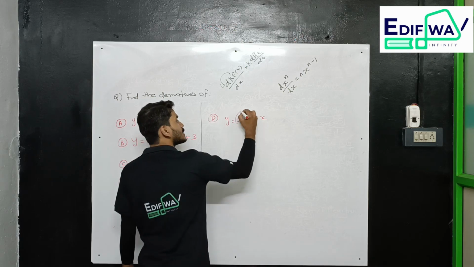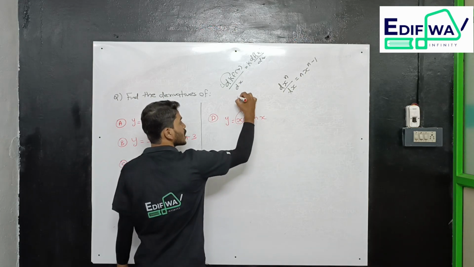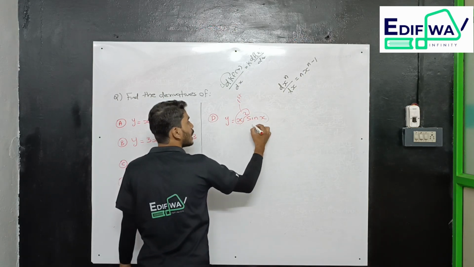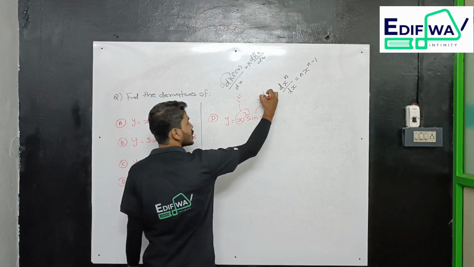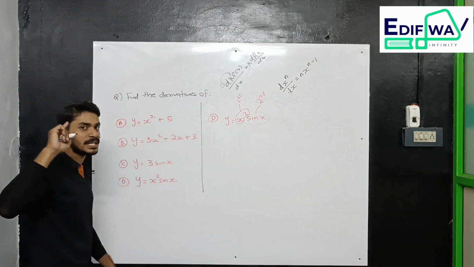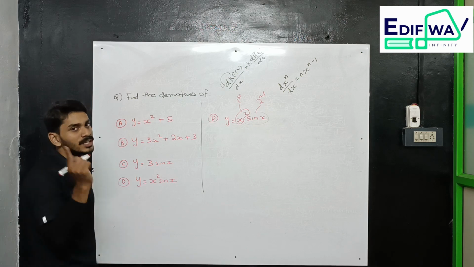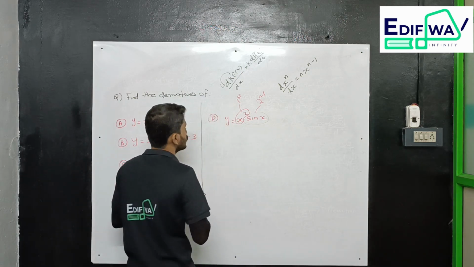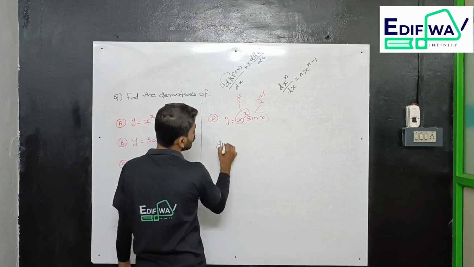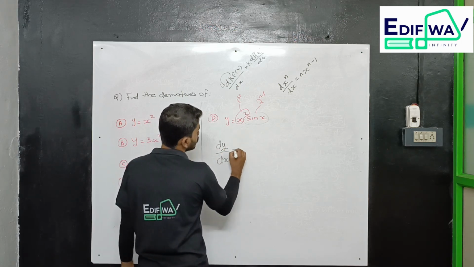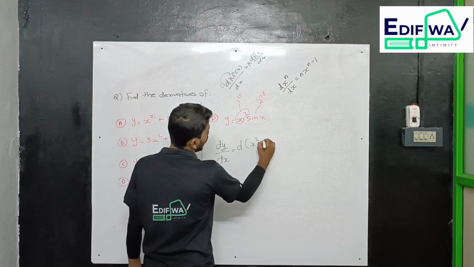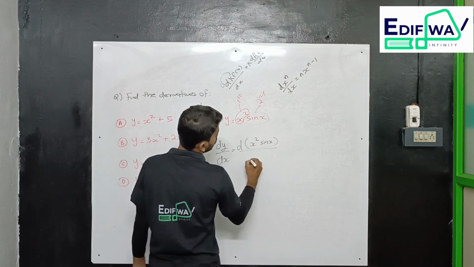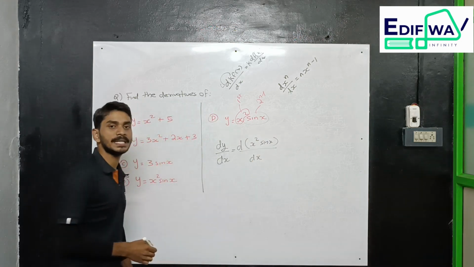Your x square is the first function, sin x is the second function. You get the product rule of differentiation: first into derivative of second plus second into derivative of first function. So let's do it. Derivative of y with respect to x is equal to derivative of x square sin x with respect to x. Do you agree?